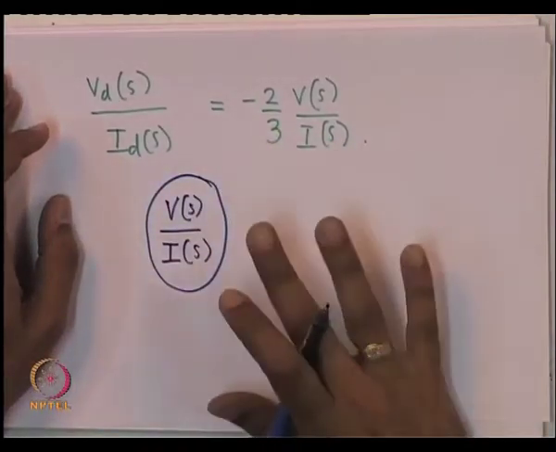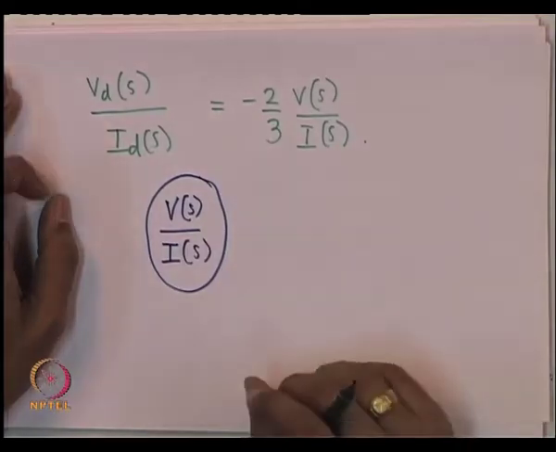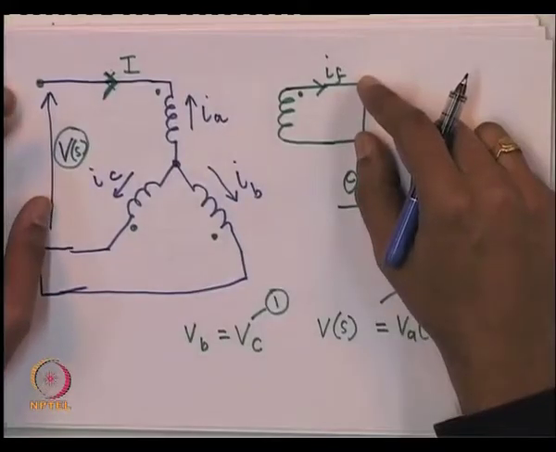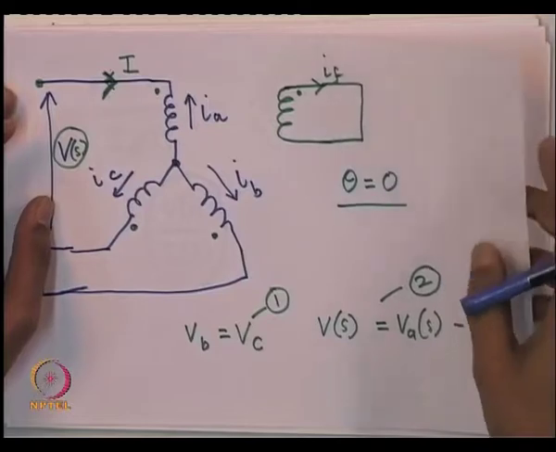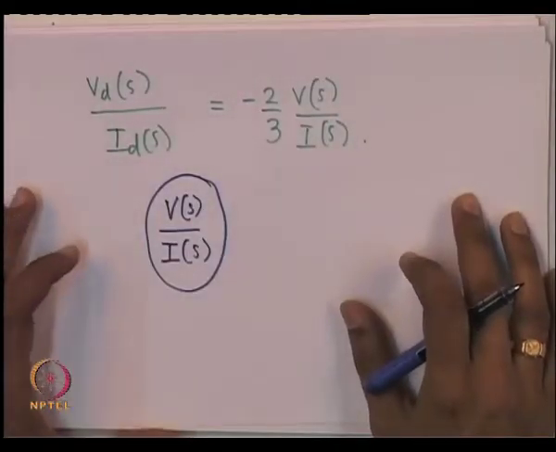This is what we will get if we do this test. Since V f is shorted, that is the field winding is shorted here, you do not have any term corresponding to V f. So, this test is done with the field winding shorted.